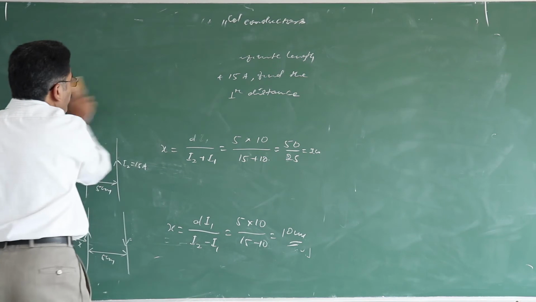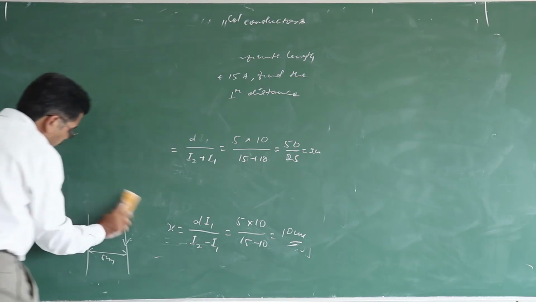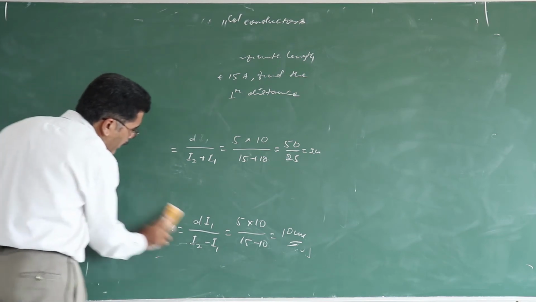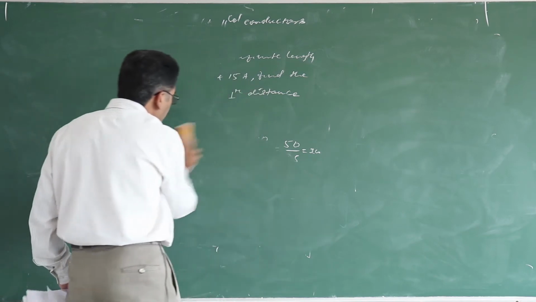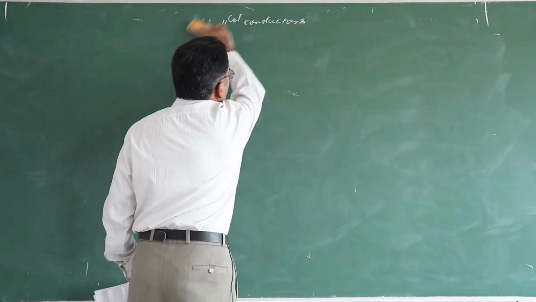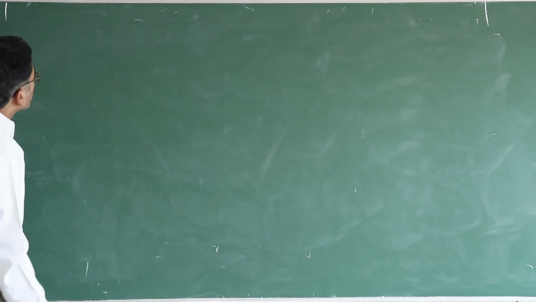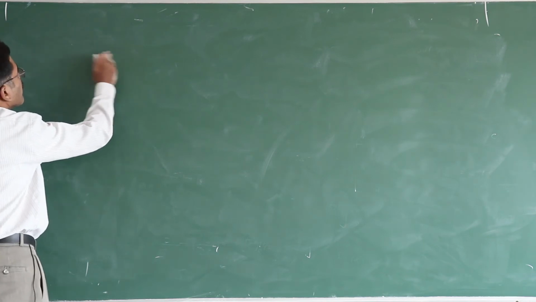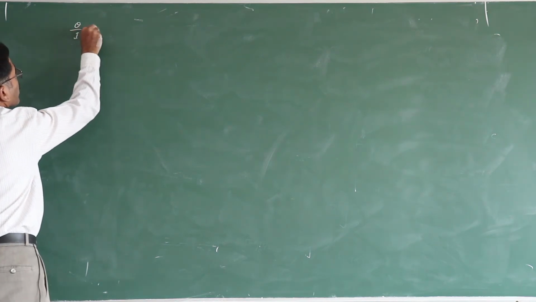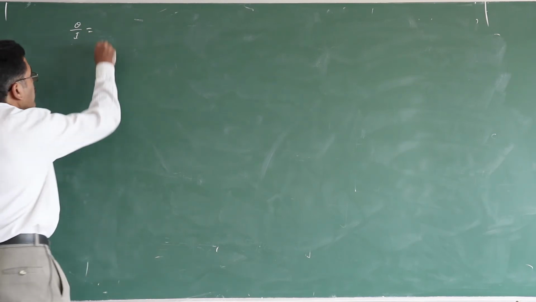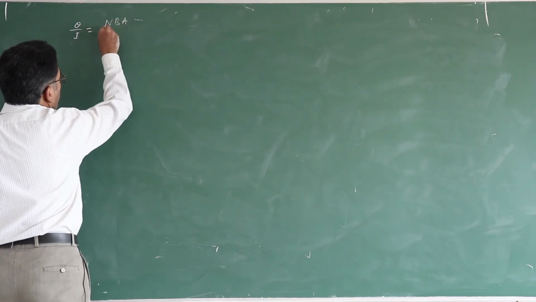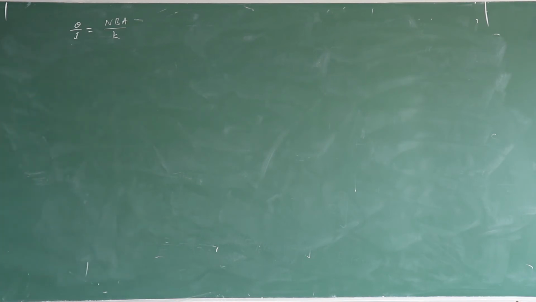Let us move on to pointer galvanometer. Galvanometer is a device used to detect current flowing in the circuit. The current sensitivity of the galvanometer is given by N into B into A divided by K, where K is the constant, torsion restoring torque per unit twist or couple per unit twist.